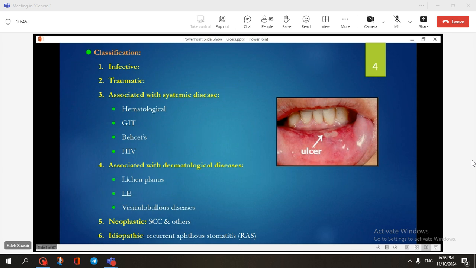Sometimes we think about all these possible causes of oral ulcers, and we do not reach a diagnosis, and we do not find a cause for the oral ulcers.